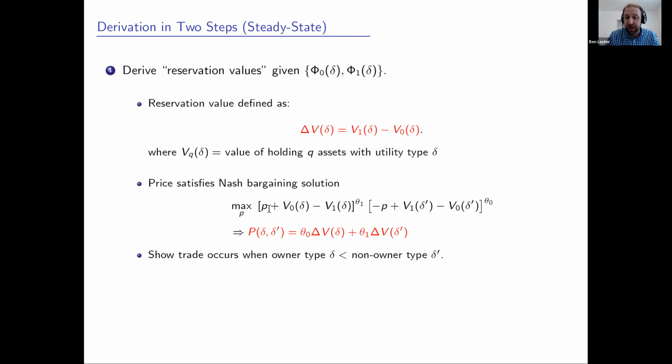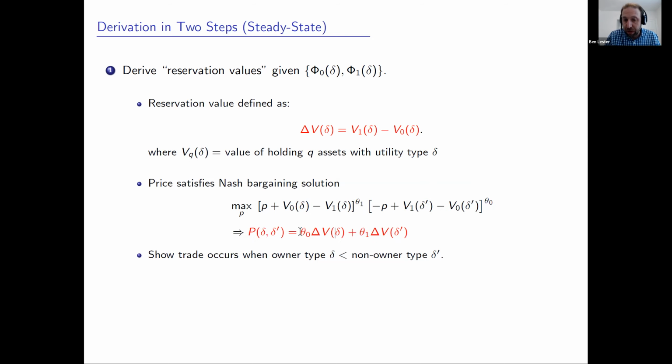So this is the surplus for the owner of the asset, and likewise, this is the surplus for the non-owner. You take first order conditions, you solve, and you see immediately what I was just referring to, is the price itself can be expressed exclusively in terms of the reservation value of the two parties.